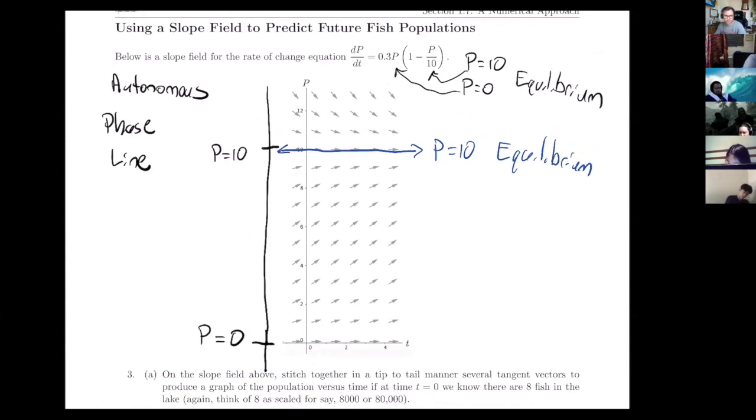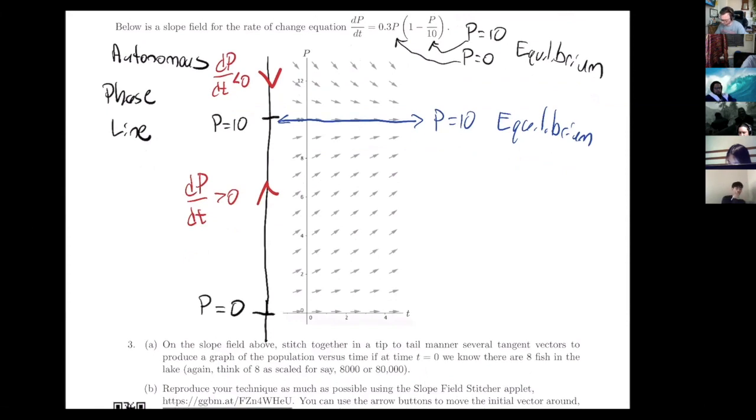And so we can see from the slope field that our phase line would go down over here since dp dt is negative. It would go up over here since for all of these values dp dt is positive. And so what's not included is any information about what's happening when p is less than 0.